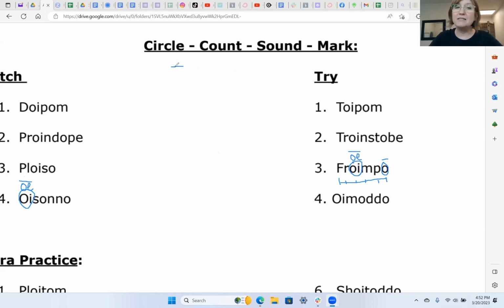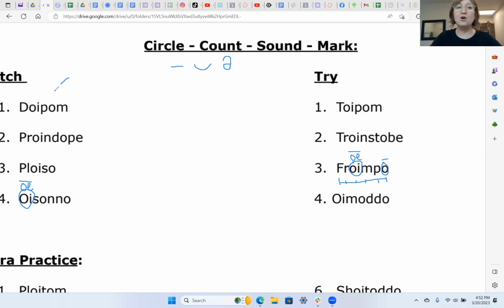When we mark our vowels, the line means it says its name. That's the symbol for the long sound. The short sound is marked by a breve. This little curve is called a breve. And the schwa sound is marked by an upside down E. All vowels have a chance to change to the schwa sound.